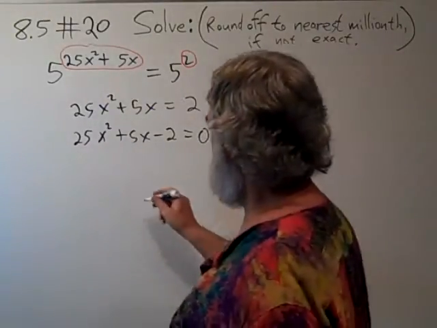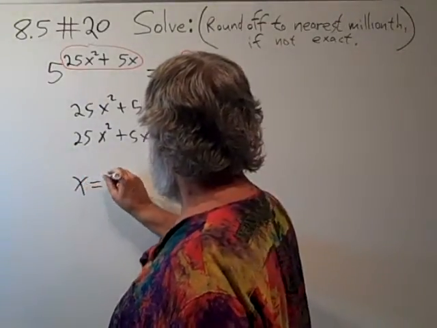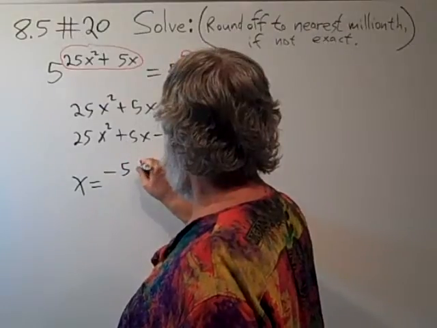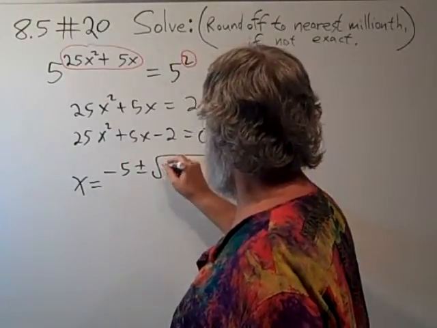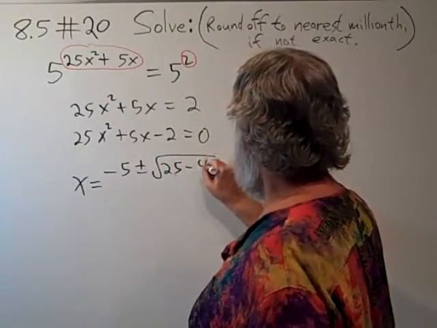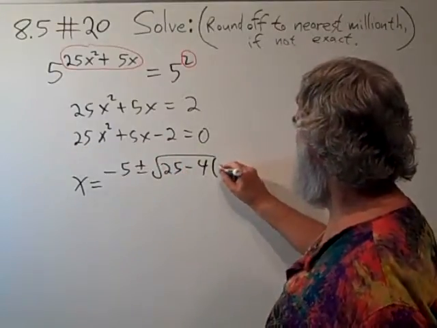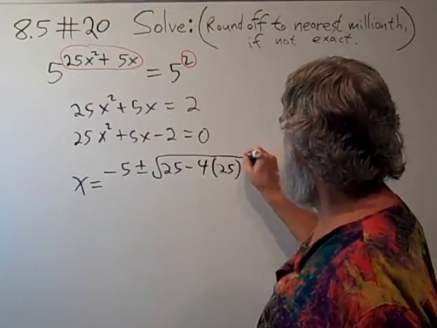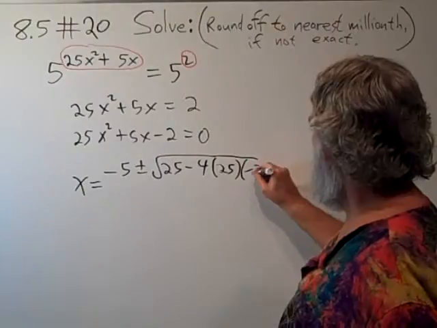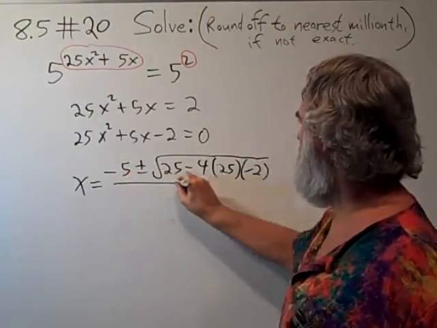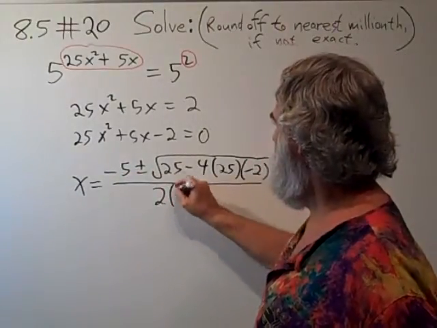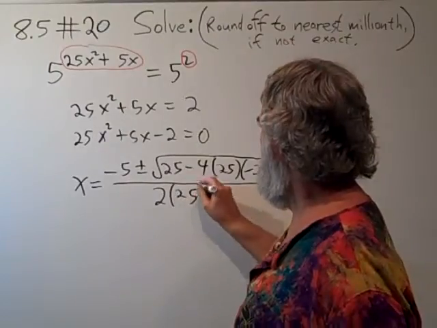So we have that x equals negative 5 plus or minus the square root of b squared, which is 25, minus 4 times a, which is 25, times c, which is negative 2, all divided by 2 times a, which is 25.